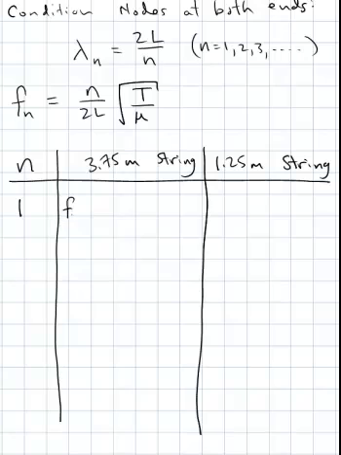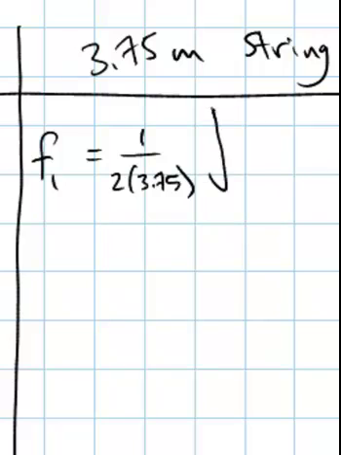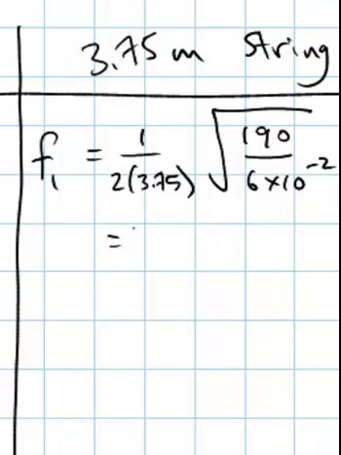And so f sub 1 is going to equal 1 over 2 times 3.75 times the square root of 190 over 6 times 10 to the negative 2. And what I get is 7.5 hertz.